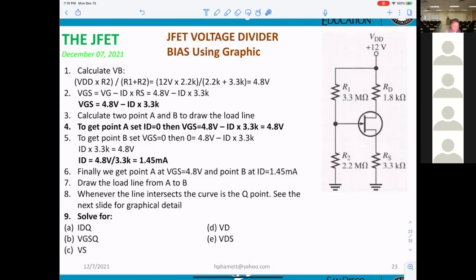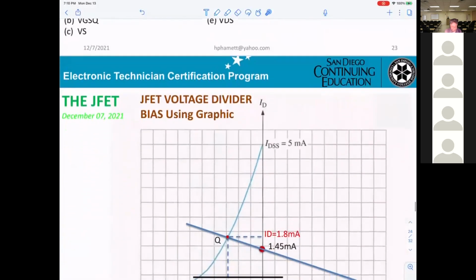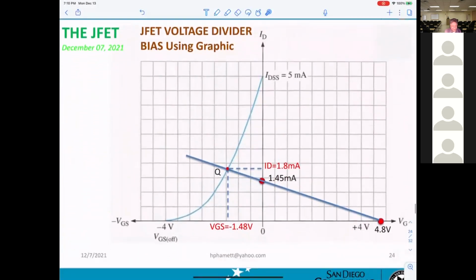Okay. And then, now, you need to calculate the two points, A and B. I show you here. They give you the curve, the graphic here. If you want to know Q, then basically you have to draw the line that intercepts the curve at the Q point here.